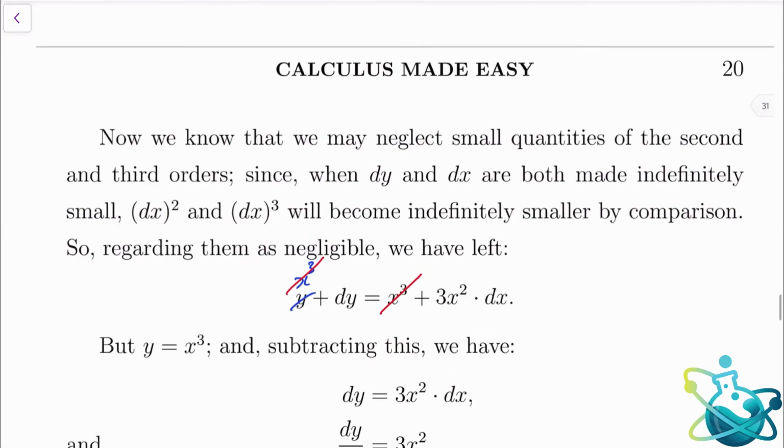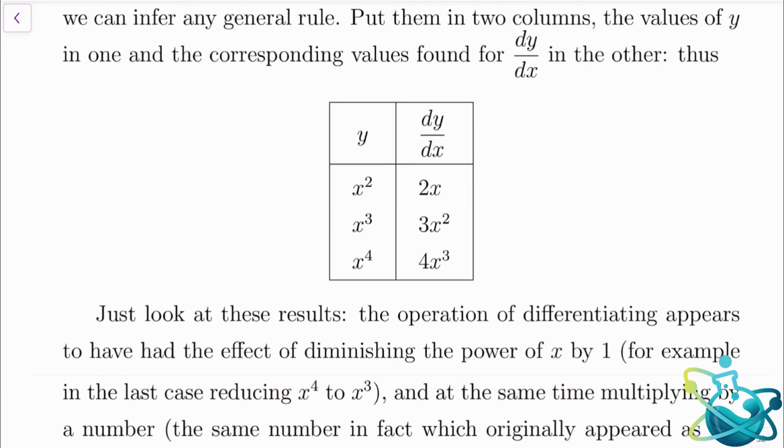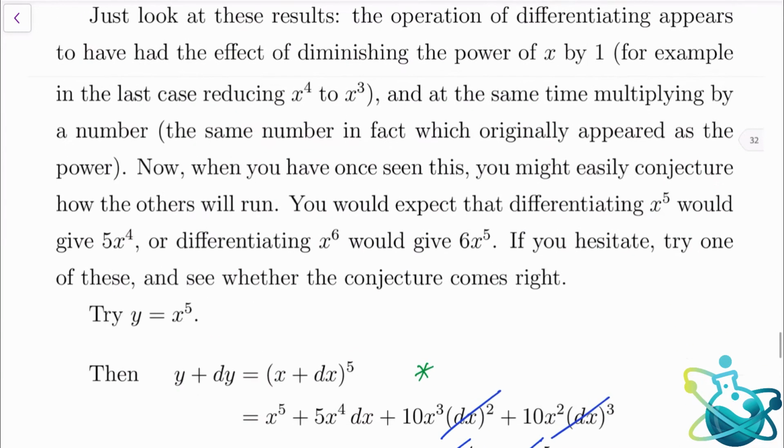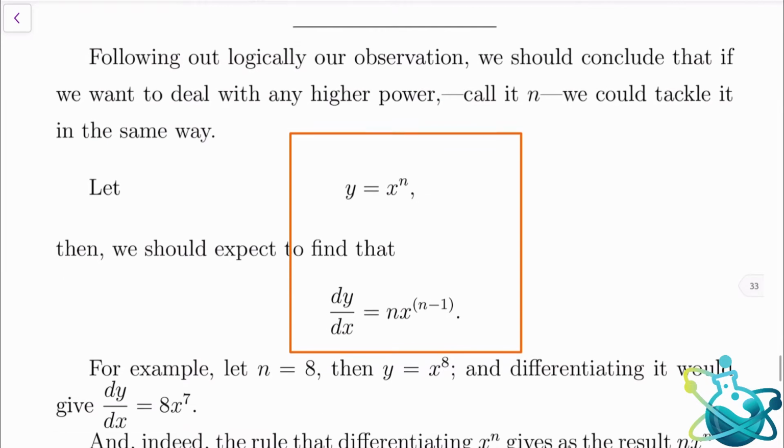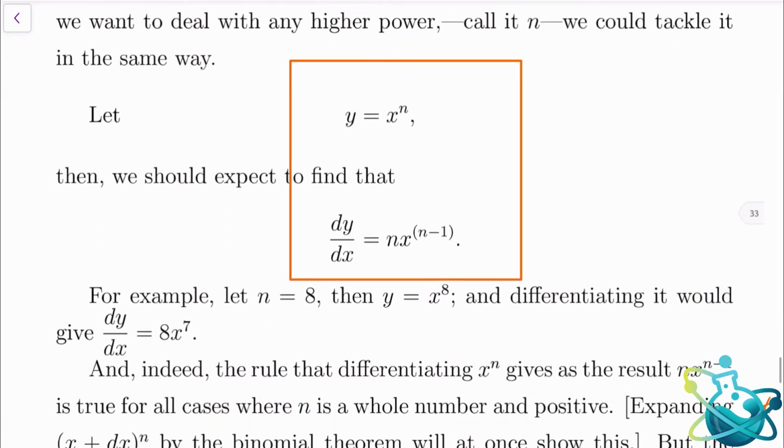And so on, and we put all these cases in a table here, and this is what we got. And then we got the general rule for any function y equals x to the power n, then the derivative is equal to n times x to the power n minus 1.